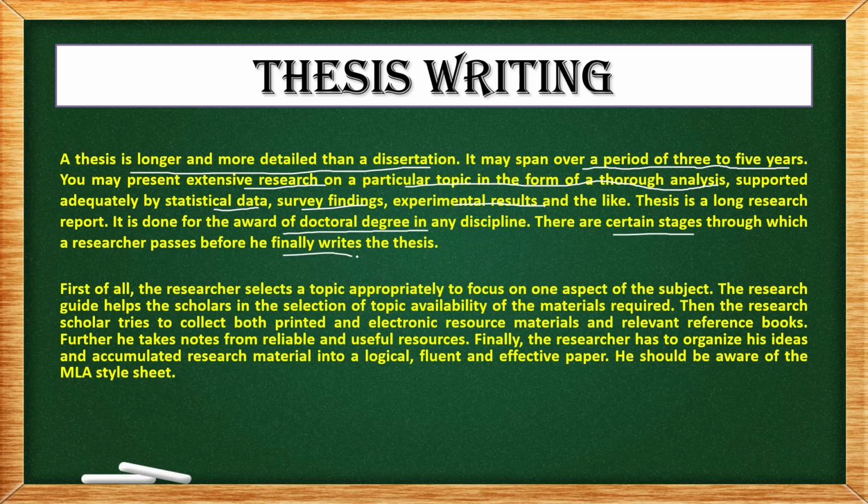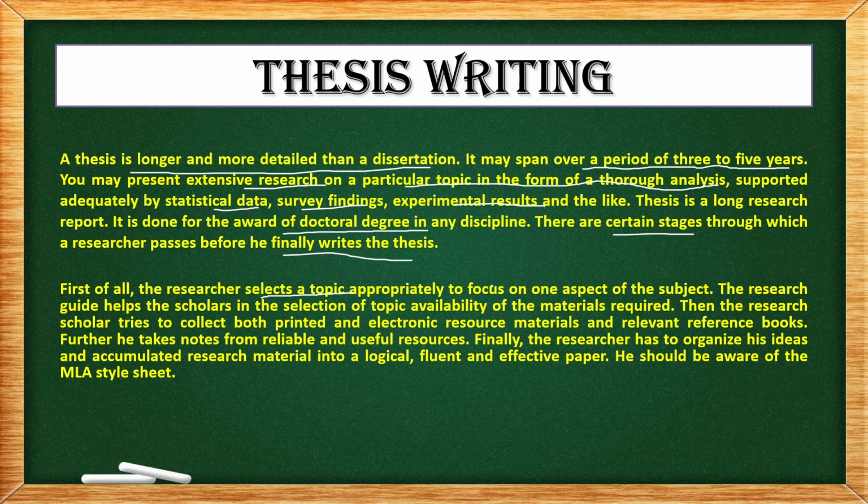There are certain stages through which a researcher passes before he finally writes the thesis. So you can see how it is different from the previous one, that is project writing, and even in comparison to synopsis. First of all, the researcher selects a topic. Topic is something which is problem oriented. And it is related to a different discipline.